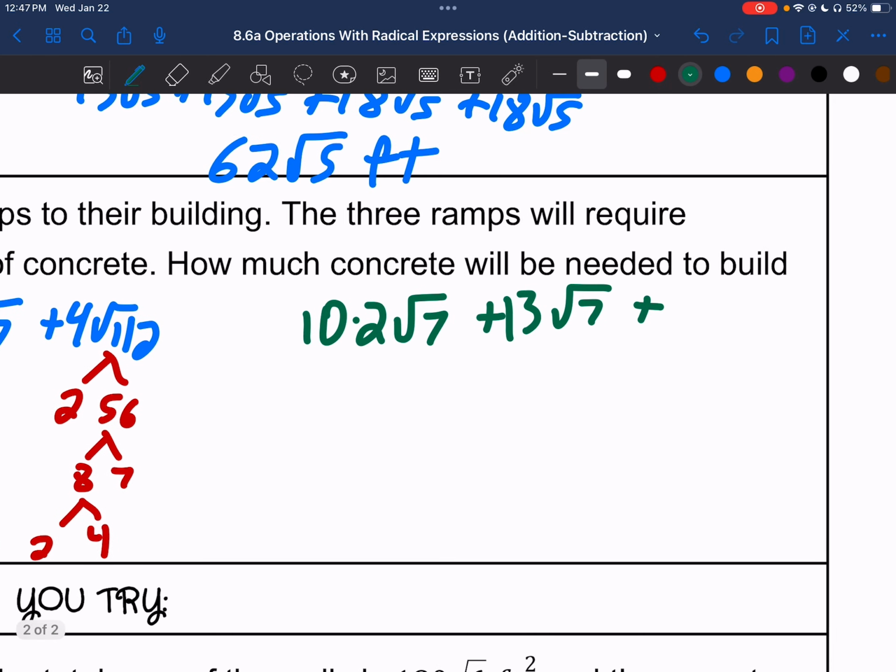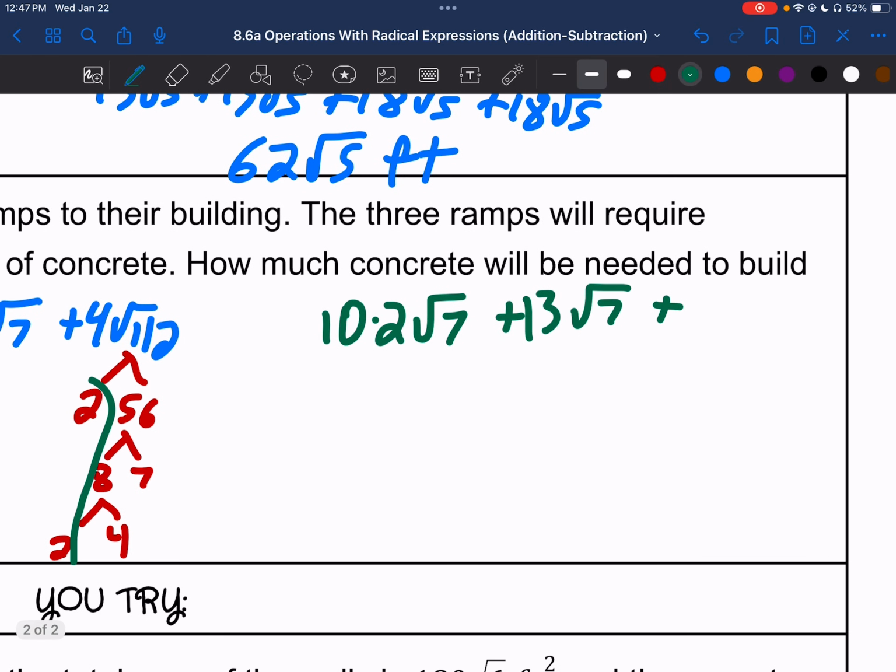Plus, well, I have 1 pair of 2's right there. I'll have a pair of 2's right there. So we have 2 times, we start with the 4, and then we bring out 1 pair of 2's, a second pair of 2's, and we have the square root of 7. So now we need to multiply each of these things together.